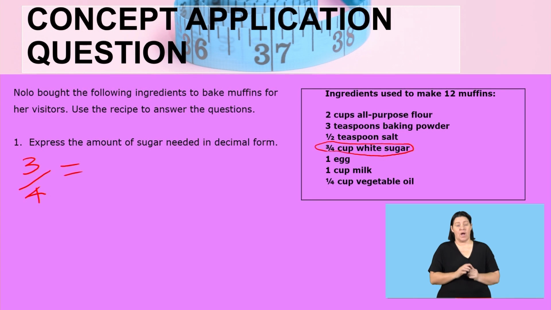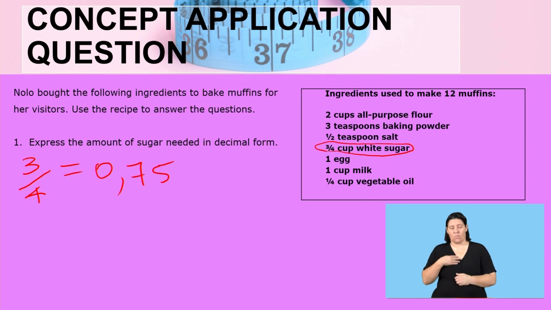The answer that I'm getting is 0.75. So now we've expressed it as a decimal. You divide 3 by 4 on your calculator, and the answer you get is what we are looking for.